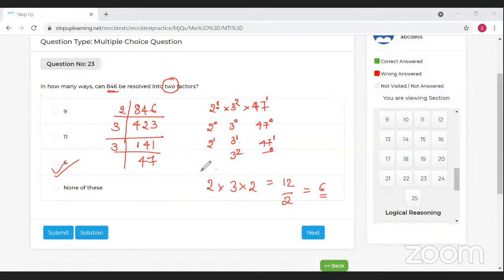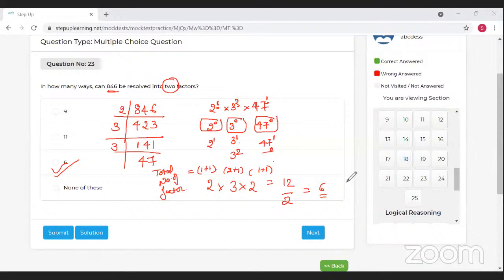Take this power, add 1 to it. Take this power, add 1 to it. Take this power, add 1 to it. That gives you the total number of factors. So that 1 is because of 2 to the power 0, this 1 is because of 3 to the power 0, and this 1 is because of 47 to the power 0. All right.